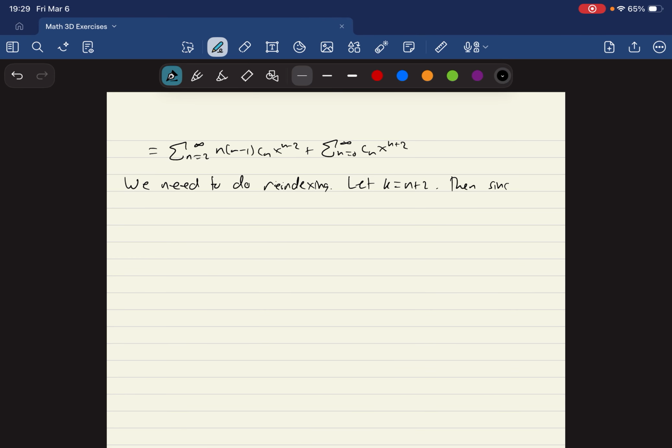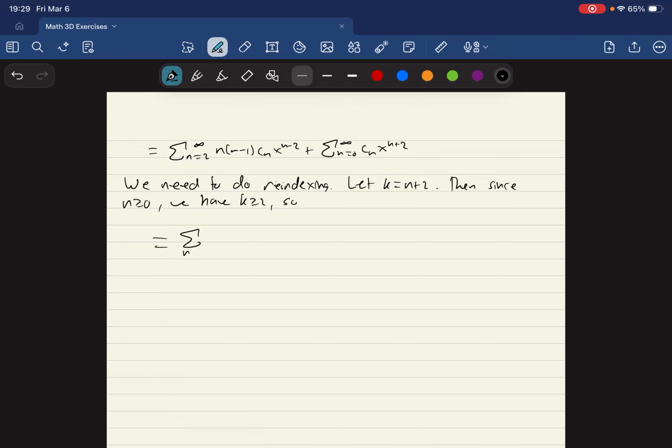Since n goes from 0 to infinity, we see that k has to go from 2 to infinity. If I plug in 0, I get k = 2. If I plug in 1, I get k = 3, and so on. We have k greater than or equal to 2.